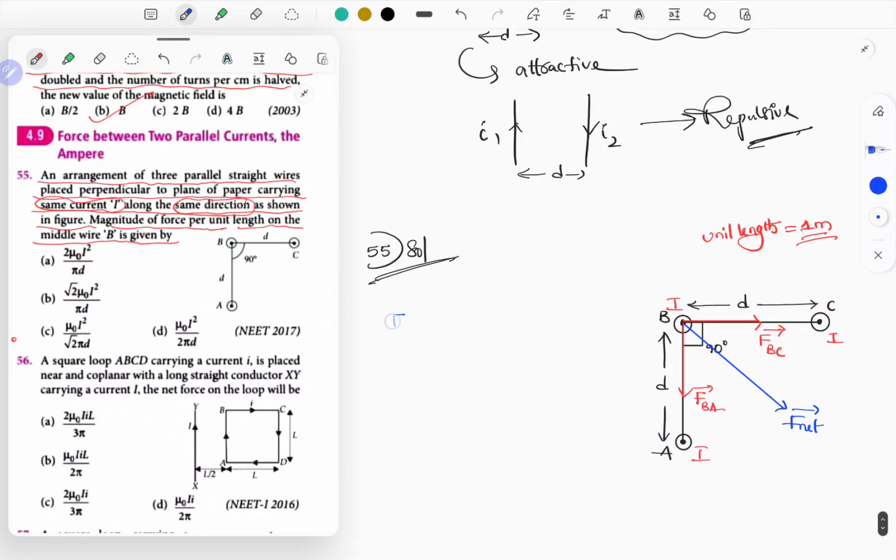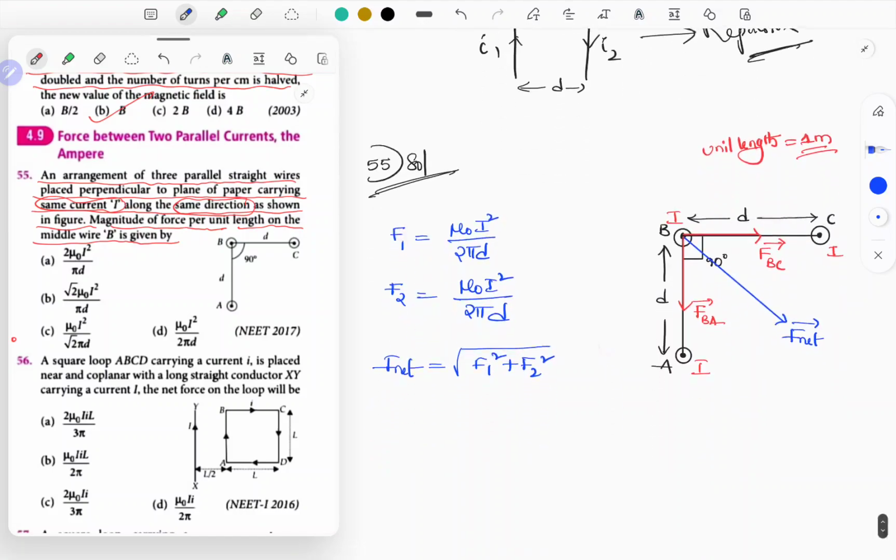So F1 magnitude is equal to mu naught into I1 I2, which is nothing but I square, divided by 2 pi d. F2 is equal to mu naught I square divided by 2 pi d. As both of them are perpendicular to each other, F net is equal to root of F1 square plus F2 square. As these two are equal, let's say this is F and this is also F. The final answer is going to be F root 2.